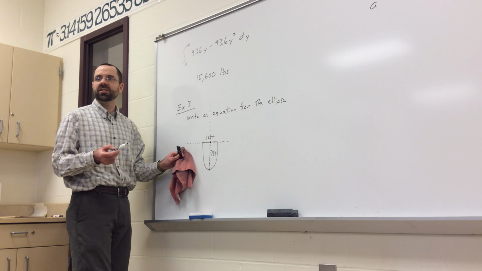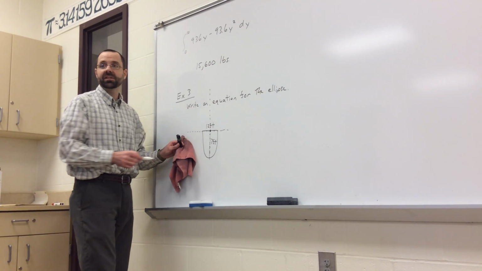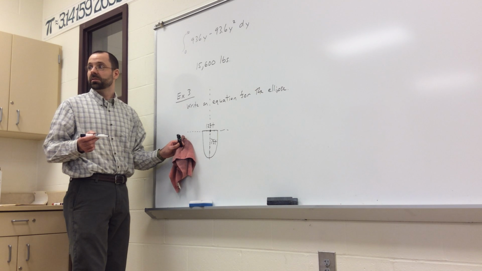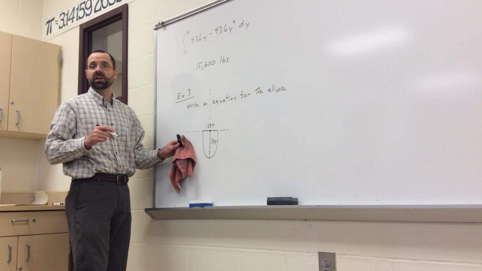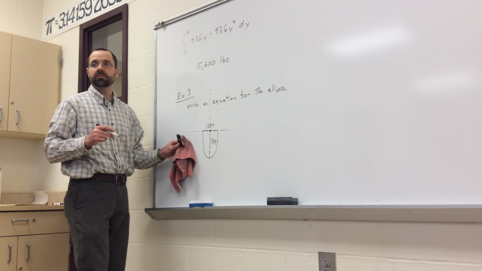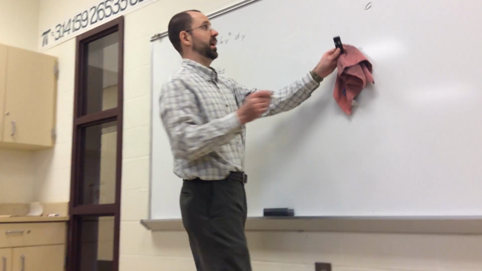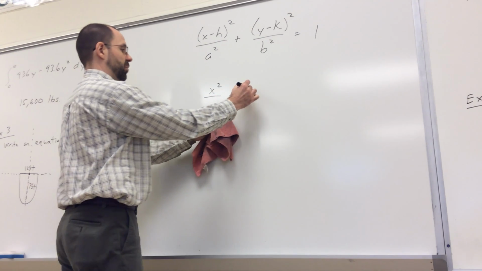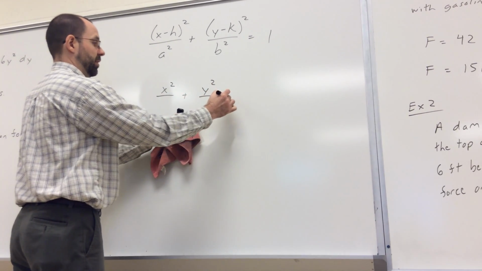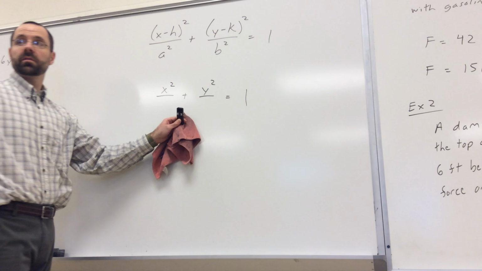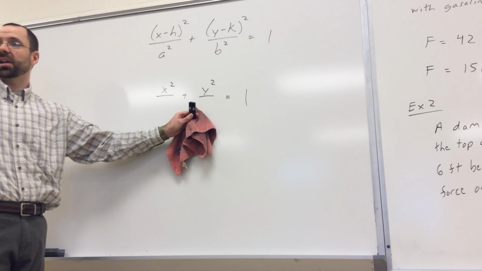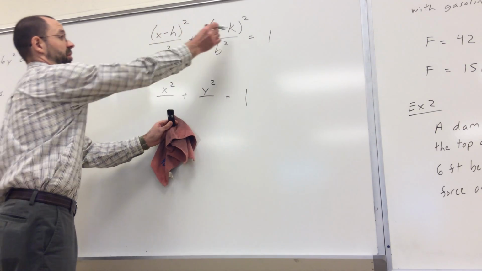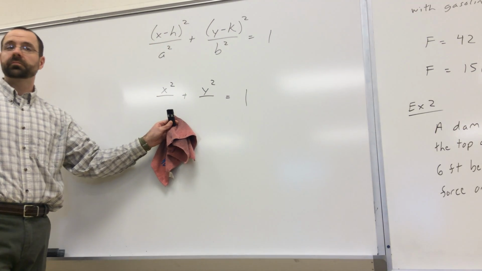So I'm strategically placing the axes so that my center is 0, 0. And that's going to make that equation over there a lot easier. So I can put x squared over something plus y squared over something equals 1. I'm going to figure out the somethings in just a second. This is the stage I'm at right now because I plugged 0, 0 in for the center.